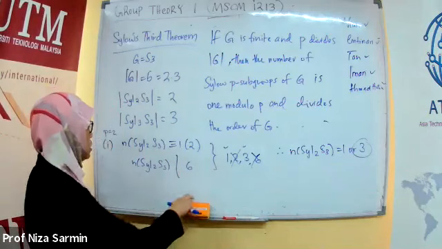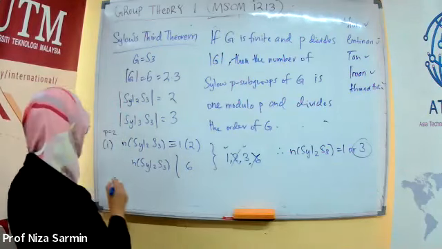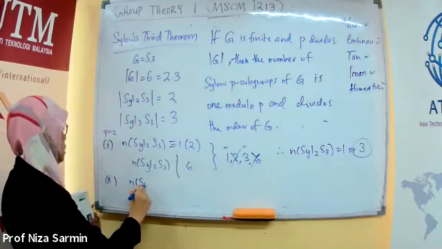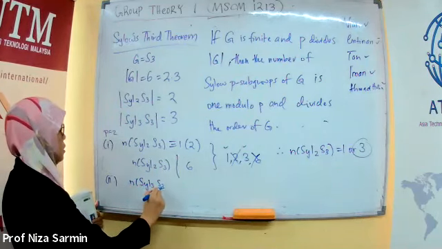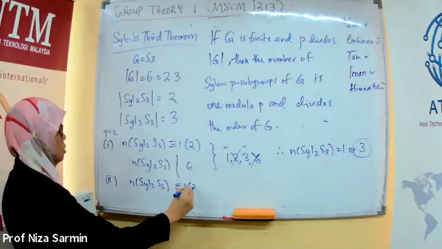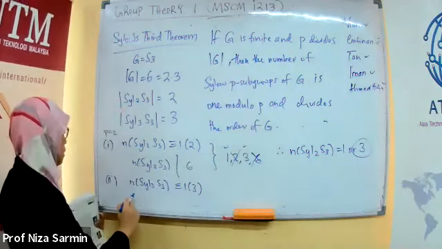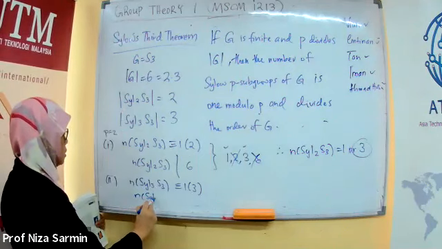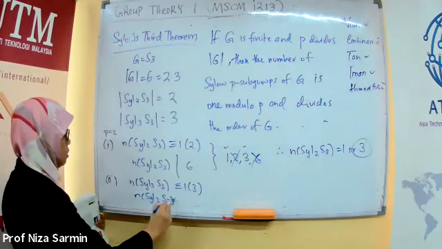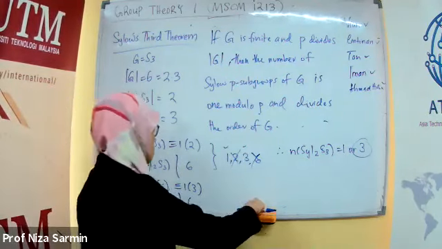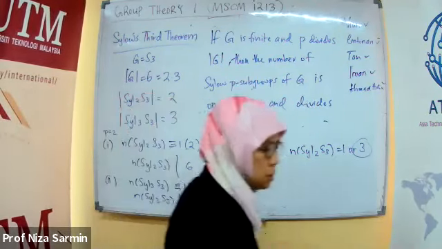Use the same approach. Sylow 3 of S3 is 1 mod 3, 1 mod P, and Sylow 3 of S3 divides 6. So it is the same factors, same 6.